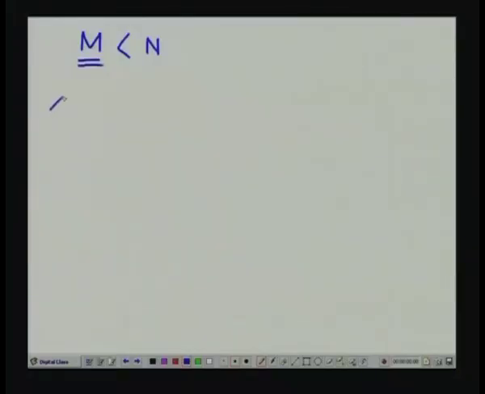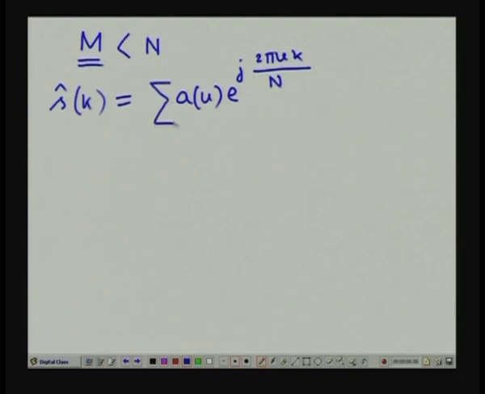So, that approximate reconstruction or approximate boundary points are given by s(k) equal to the summation of a(u) e to the power j 2 pi u k by capital N, where now this summation will be for u equal to 0 to capital M minus 1, and k will vary from 0 to capital N minus 1.